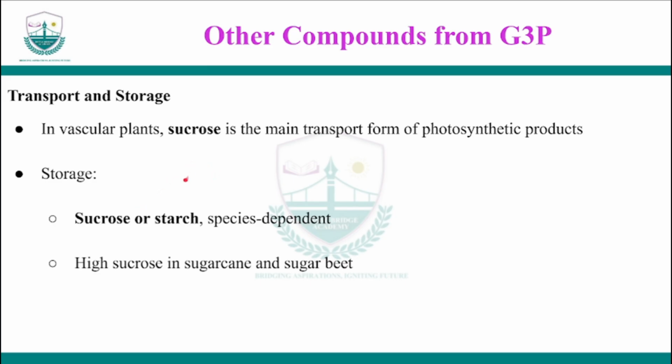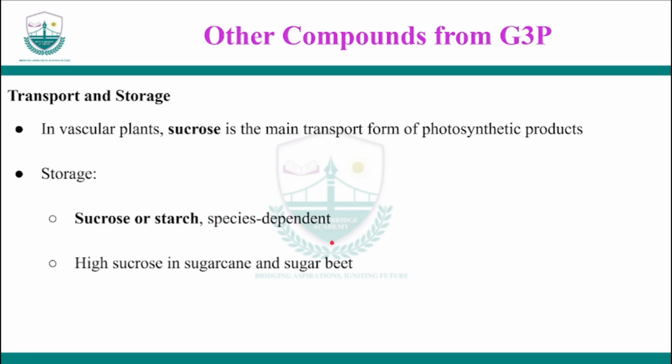We all know from chemicals of life that starch is the storage form of carbohydrates in plants. So this sucrose can be converted into starch. Sometimes you can have plants that actually store sucrose, which emphasizes that what is stored depends on the plant species.